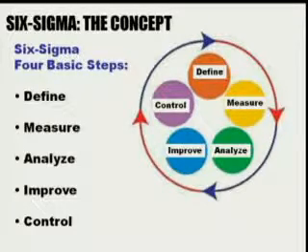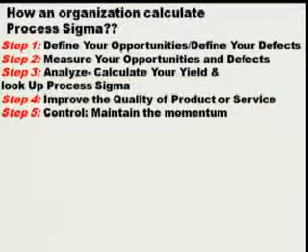But defining is one issue, and measuring is another. If you cannot express the quality issue in a quantitative fashion by measuring it, you will not be able to solve the problem. And if we can express it in quantitative fashion, that means we can analyze it. And if you can analyze it, then hopefully you can improve and control.